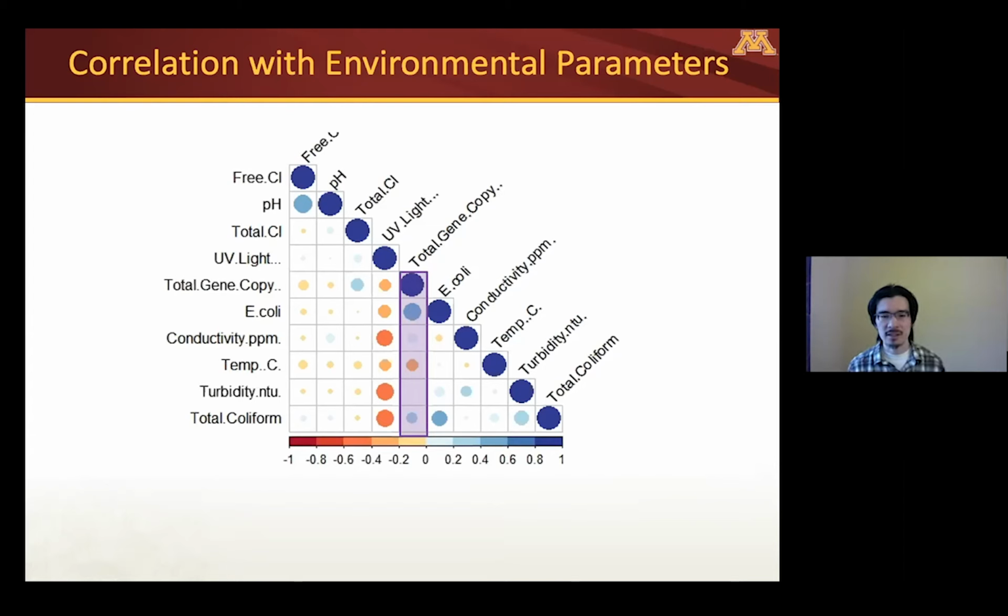There is some level of correlation with E. coli and total coliform levels, but the R square, the correlation, is not so large. We may need to break down the total number of genes to further find out the correlation between environmental parameters and the concentration of genes for specific targets.